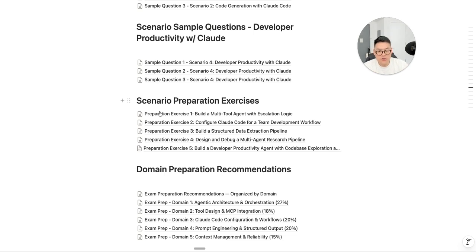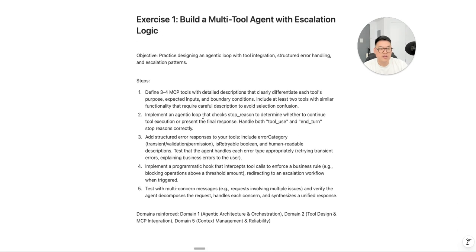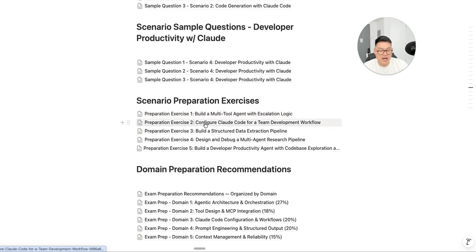The scenario preparation exercises are like, okay, now let's build that multi-tool agent. Now let's go ahead and do this. Once you do this, it's going to make a lot more sense because now you've actually had the physical muscle memory. But if you don't even have the context, it's not possible for you to get there.